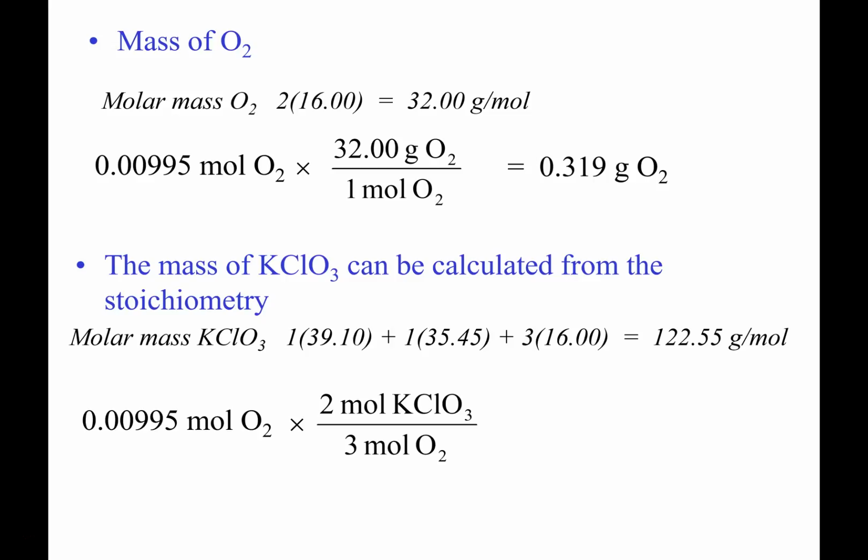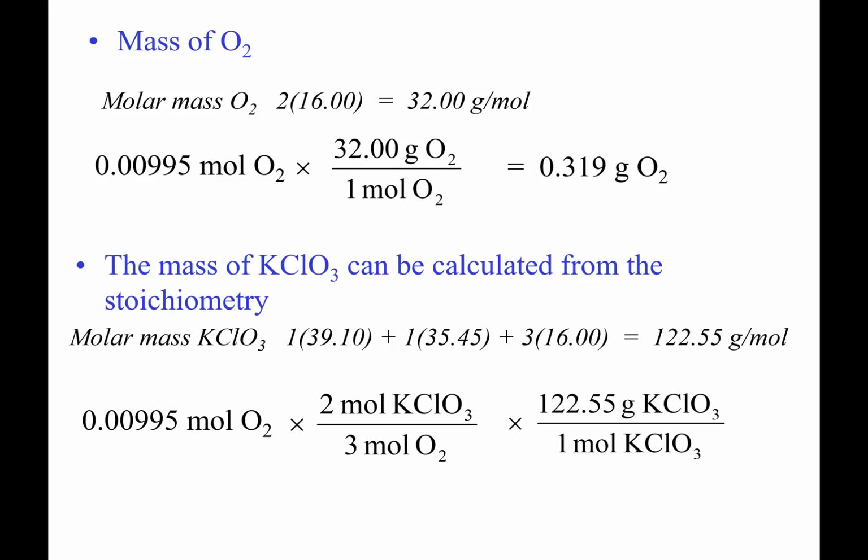Now that we have moles of KClO3, we go to grams of KClO3. So we're going to use that molar mass, 122.55, the non-flipped version: 122.55 grams of KClO3 over 1 mole of KClO3. Unit-wise, moles of O2 canceled before, and now moles of KClO3 cancel.